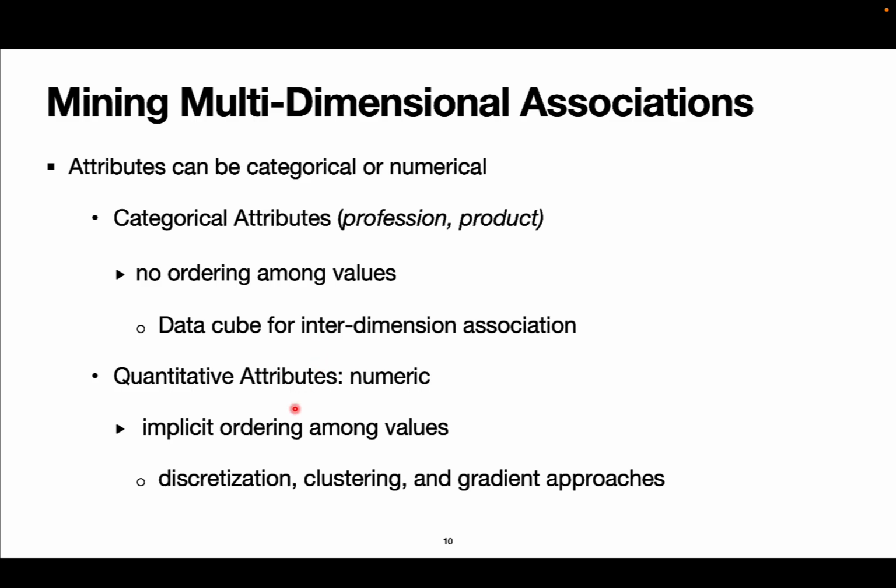For quantitative attributes or numeric values like age or income, these have an implicit ordering and we often need to discretize them or apply clustering, maybe gradient-based approaches, to use them effectively in rules.